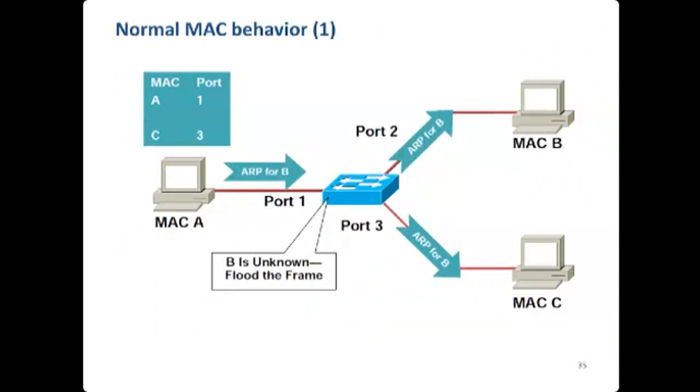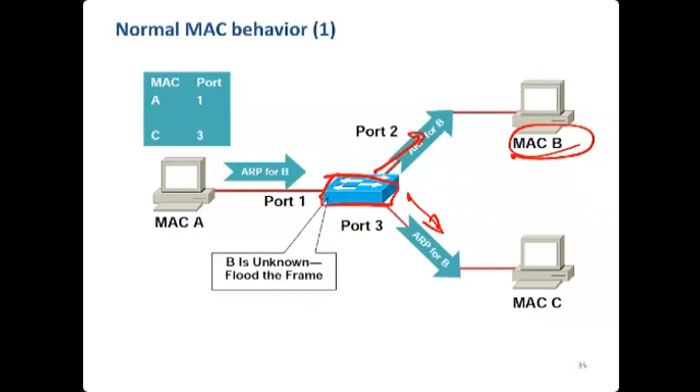Okay, a packet is going from A to B, which is used for ARP, for example, which we'll study later. So this packet will go to the switch, and this switch does not know where MAC B is, so it will be broadcasted to all.